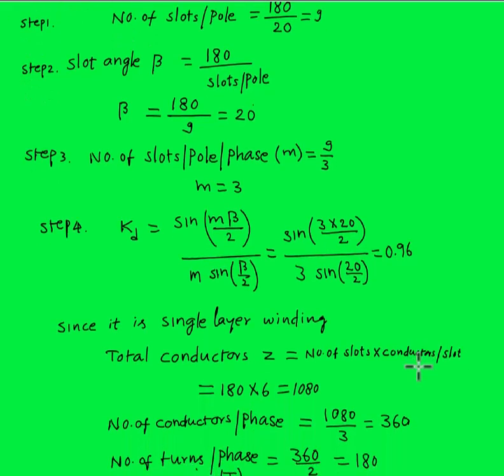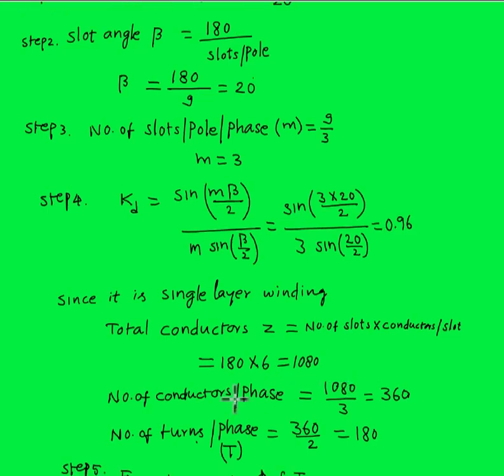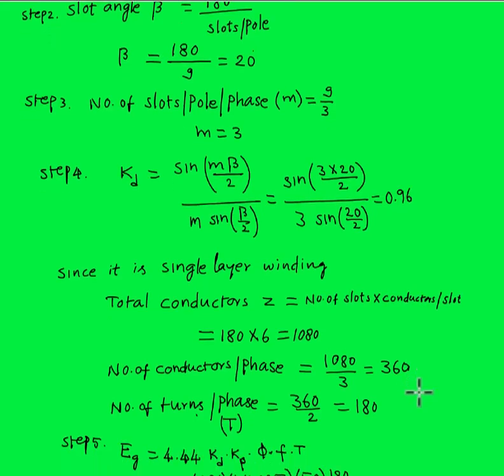Since it is a single layer winding, total conductors Z is the number of slots into the number of conductors per slot. Number of conductors per slot is 6 and the number of slots is 180. Then the total number of conductors is 1080, and the conductors per phase should be divided by 3 because it is a 3-phase system. So we get 360 conductors per phase.